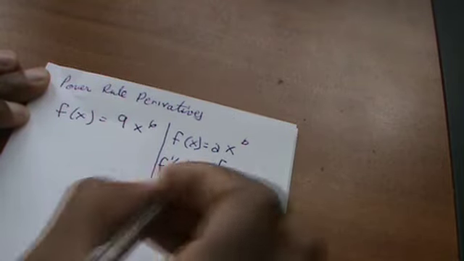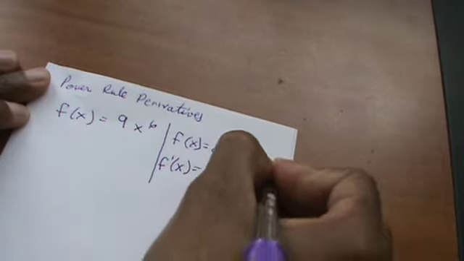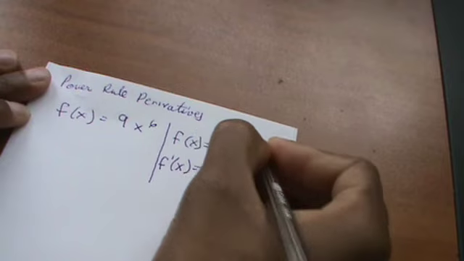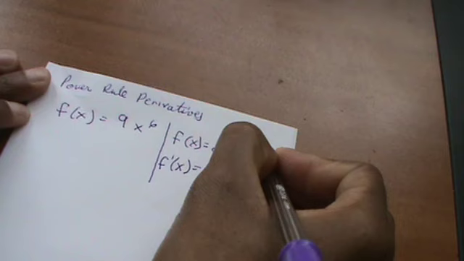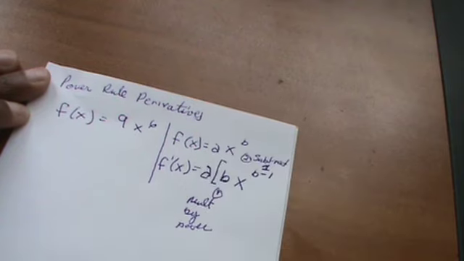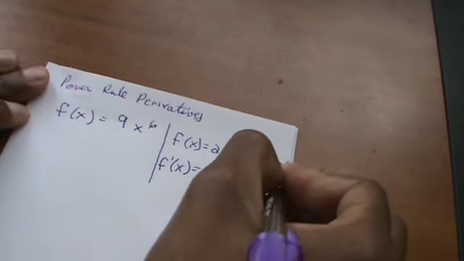And then step two is to subtract 1 from your power. There's 2. Subtract 1. Okay? Let me close this off.